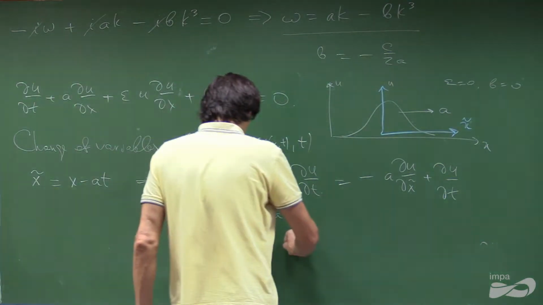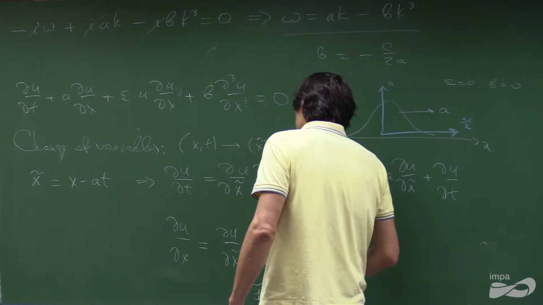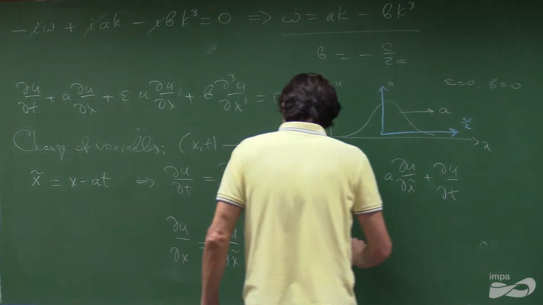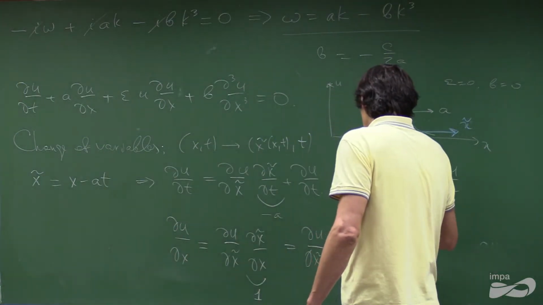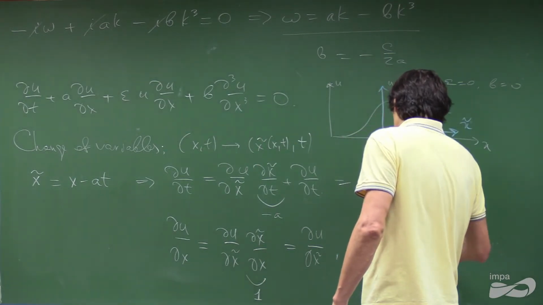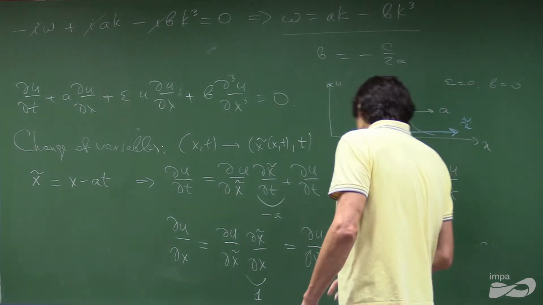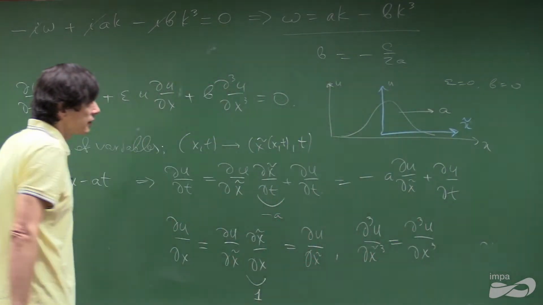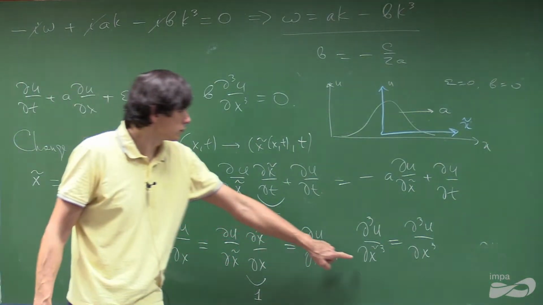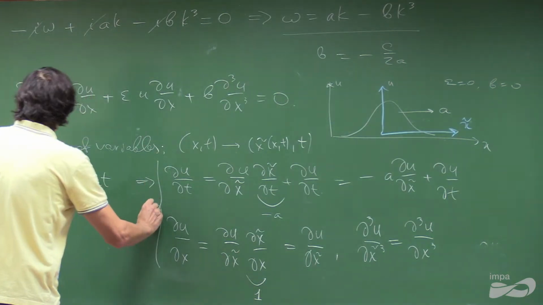So there is no change in the space derivative. In the same way, there is no change in the third derivative as well. You just differentiate again in x and again in x, so the second and third derivatives do not change. So now we take all of this and put it in the equation.